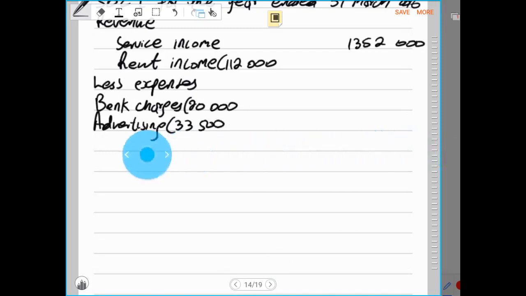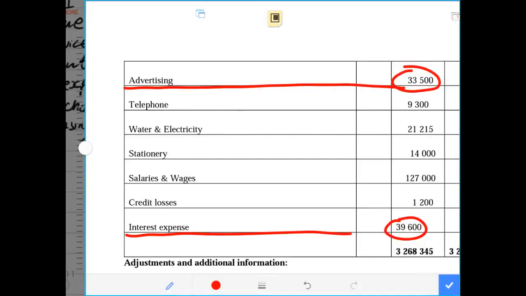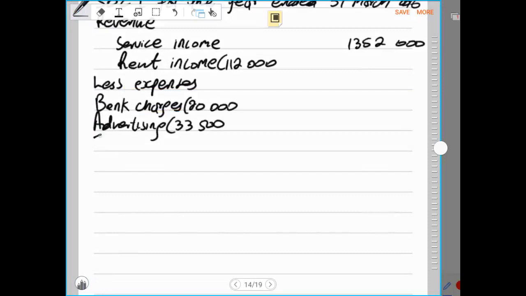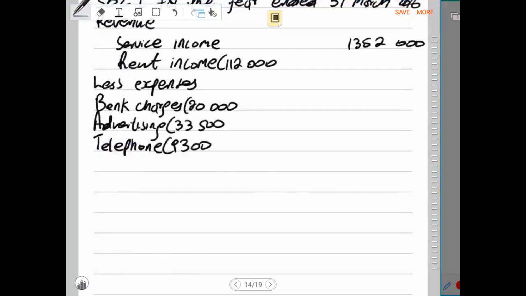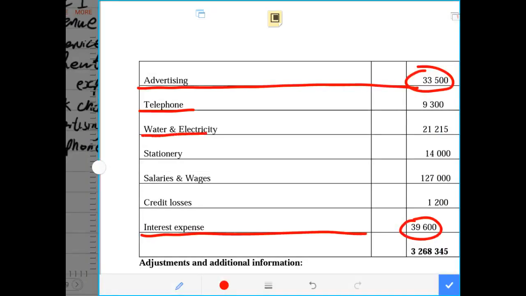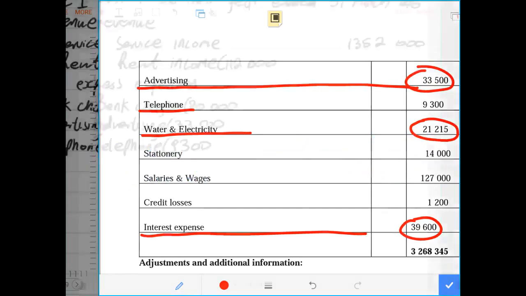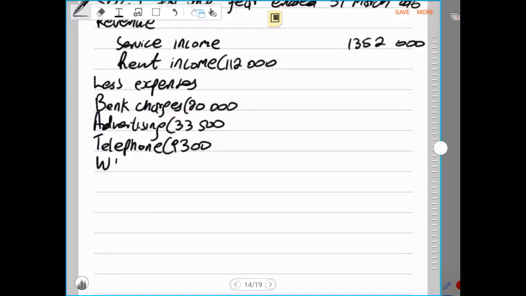And the next expense is telephone expense for 9,300. The next expense is telephone for 9,300 rands. And the next expense is water and electricity, 21,215 rands.